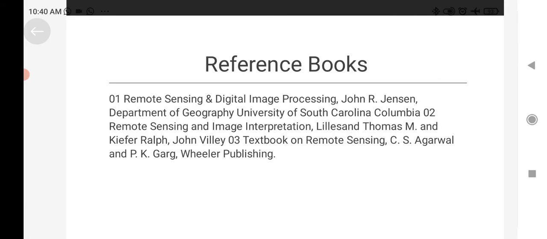Second is Remote Sensing and Image Interpretation by Thomas M. Lillesand and Kiefer. And third is the Textbook on Remote Sensing by C.S. Agrawal and P.K. Garg, Wheeler's publication. All of these topics are covered in remote sensing, a total of 6 units. We will learn them one by one in the next lecture.